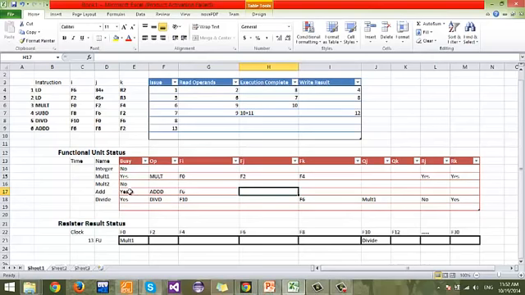What's Fj? Fj is F8. Is F8 dependent on anyone? No. So we can read F8. Fk. What's Fk? Fk is F2. Is F2 dependent on anyone? No. F2 is also available. So Qj, Qk all are blank. Rj, Rk, yes.